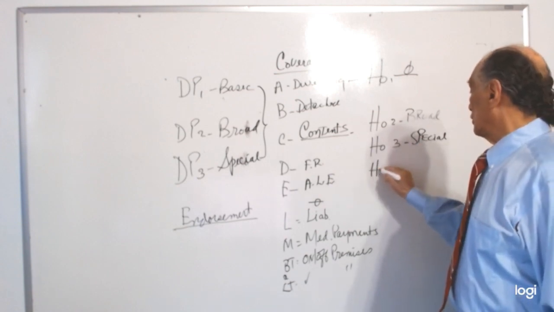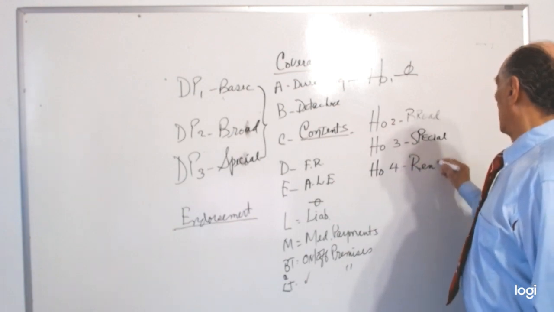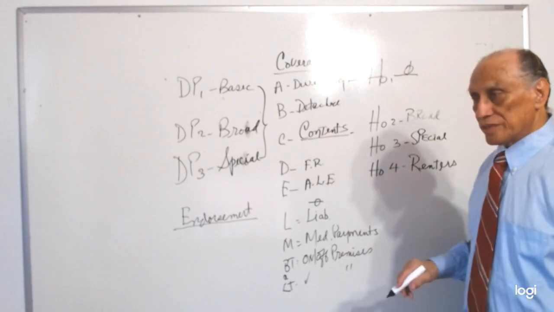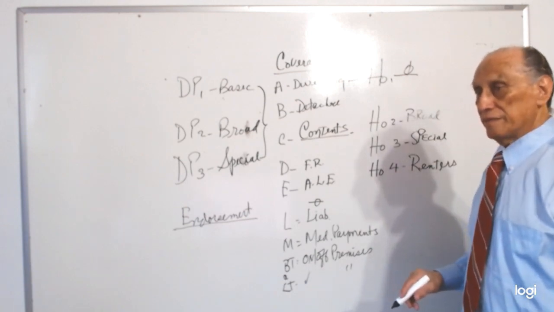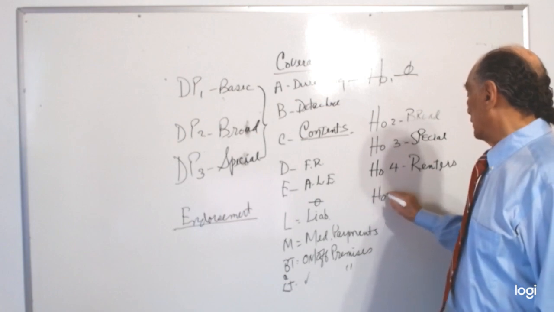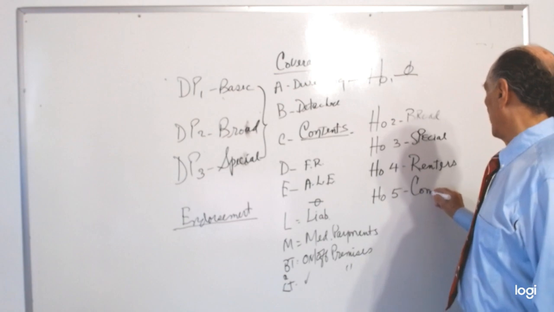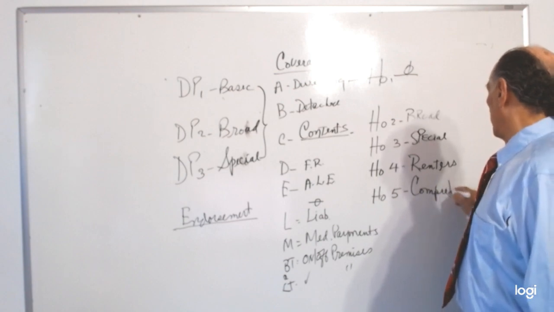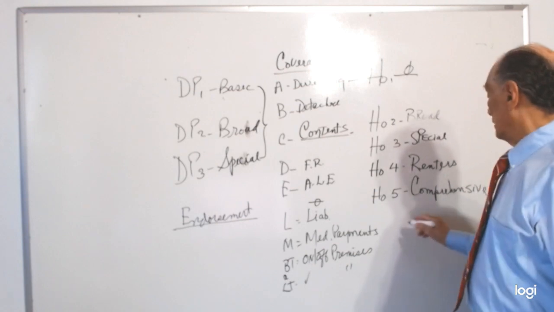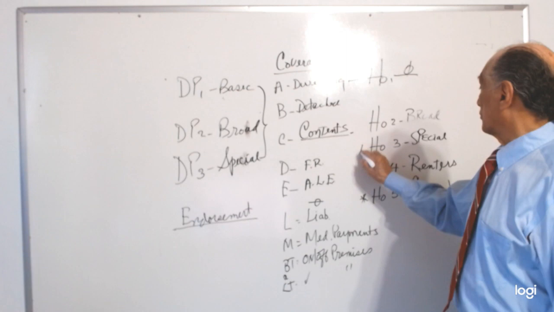It continues with HO4 for people who rent. They may buy a policy to protect their contents and liability if they are sued. And we have HO5, which is called comprehensive. And this is a better policy than HO3.